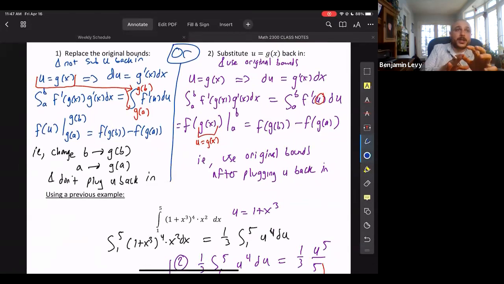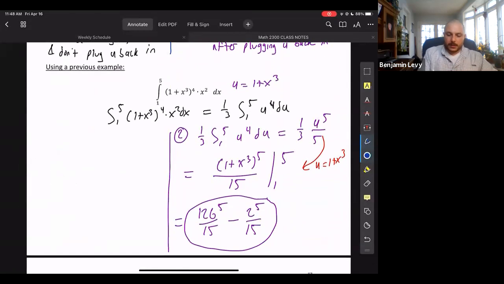The first option is we can change the bounds and then not plug u back in. That's the takeaway. So let's look at that. Let's do it down here, option number 1. And so we plug 5 and 1, because those are the bounds, into the u function, which in this case is the 1 plus x cubed.